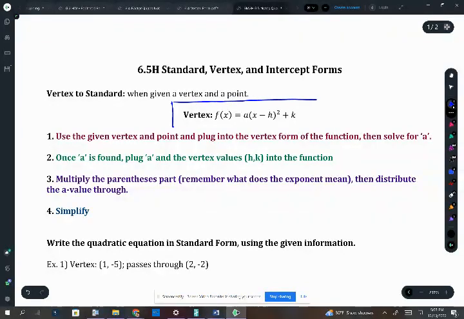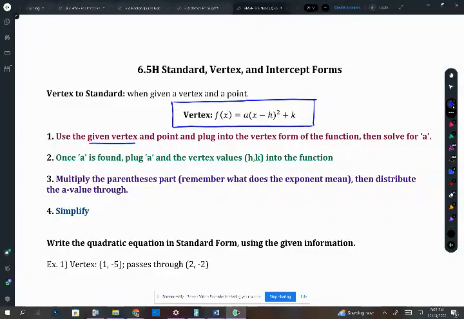And in this case, remember that (h, k) is our vertex, and our a value is what we're going to be solving for. So you'll notice that our steps say that using the given vertex, which again will be given to us in the equation, and a point that will also be provided, we will be plugging it into our equation and solving for our a value.